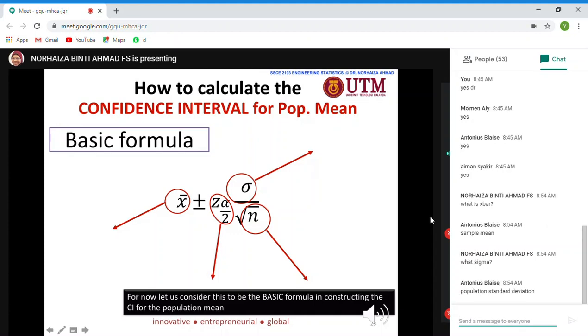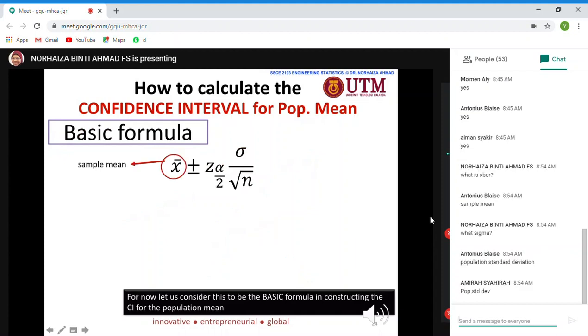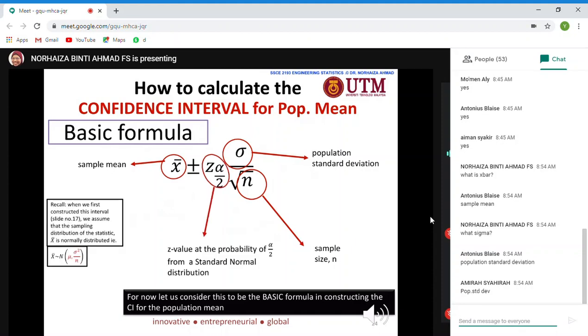Everybody please answer. Okay, population standard deviation, that's good. So x bar is your sample mean, sigma is your population standard deviation, this is your sample size, and this is Z alpha over 2.